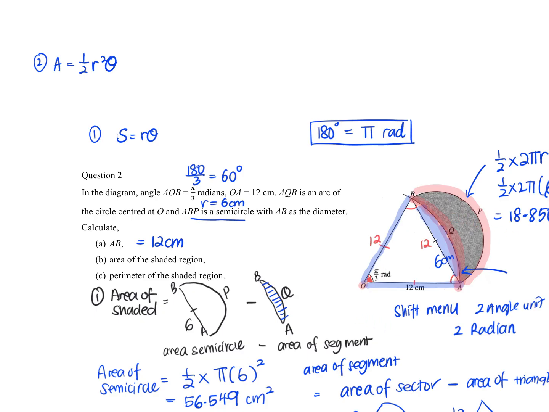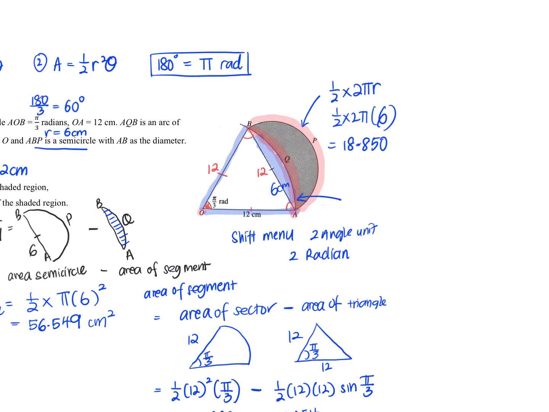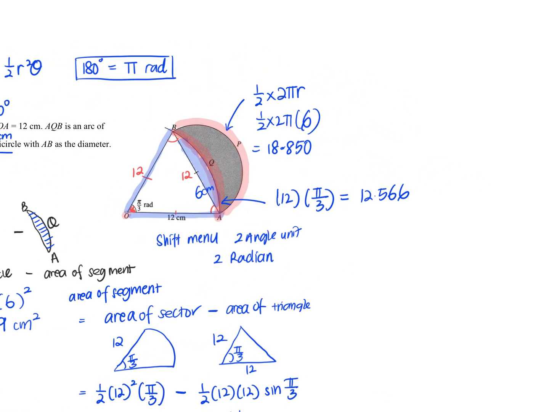We will have s equals r theta, which is the radius 12 times theta, which is pi over 3. That gives me 4 pi and 12.566. Finally, if they want the perimeter of the shaded region, I'm going to add these two together.